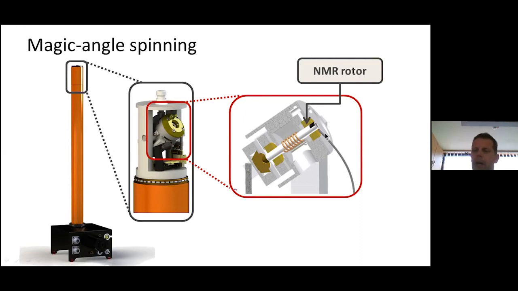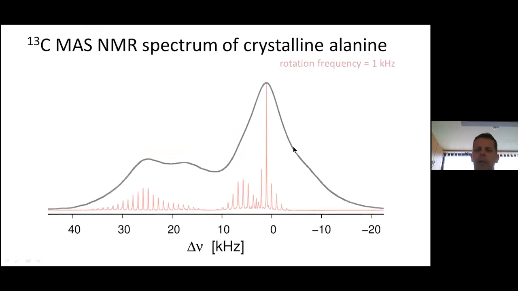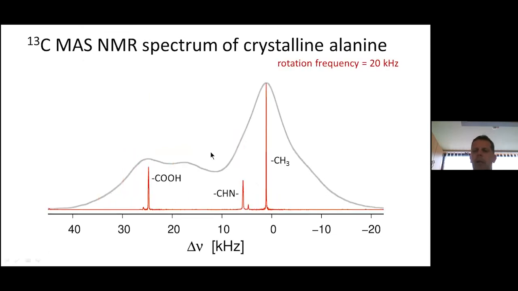Okay, this is how we do it, and this is now the effect. If we spin sufficiently fast, so that the frequency of rotation is comparable to or larger than the width of the static line, then because of this spinning we end up with only very well resolved narrow signals.